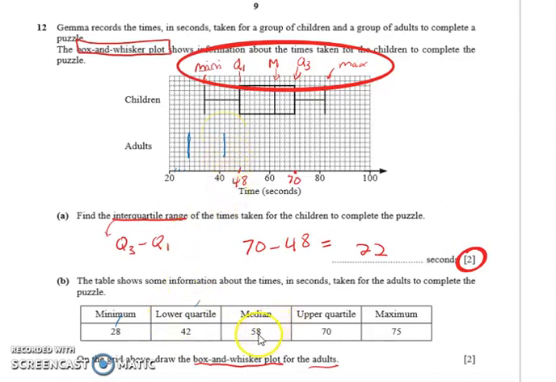Then the median will be 58, so lesser than 60 here. Then the upper quartile is the same. The upper quartile here will be in this part.